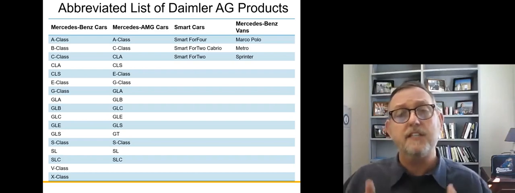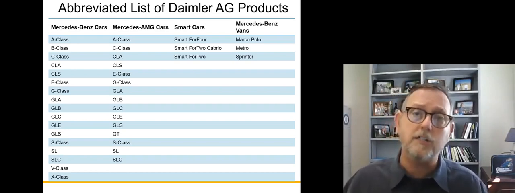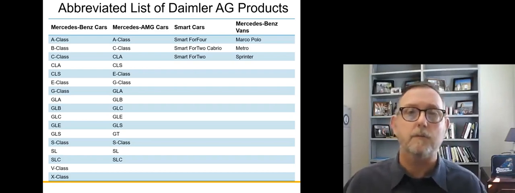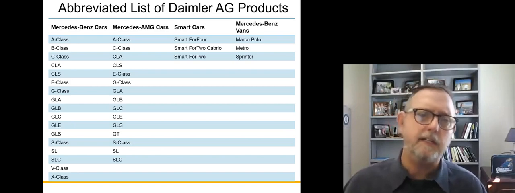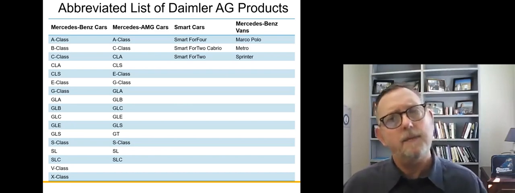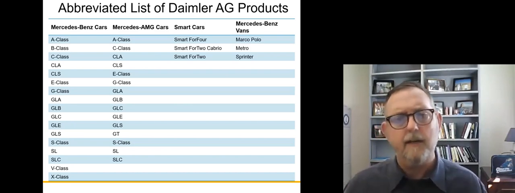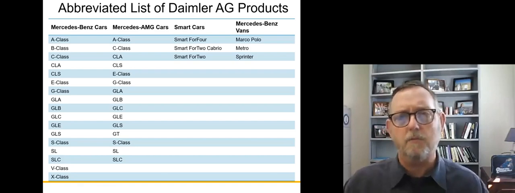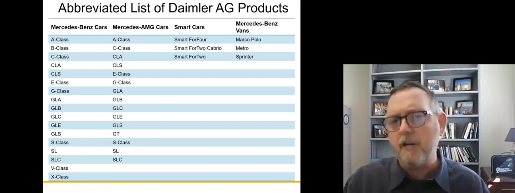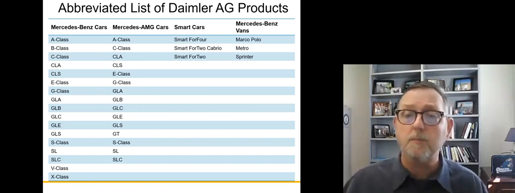And then when we look down and up, we see the different actual cars or products that are in each category. So under Mercedes-Benz, there's Class A, Class B, CLA, the E-Class, GLA, GLB, and so on and so forth. The AMG product line has very similar products in it, but there's going to be something a little bit different about them because they're in a different product category.